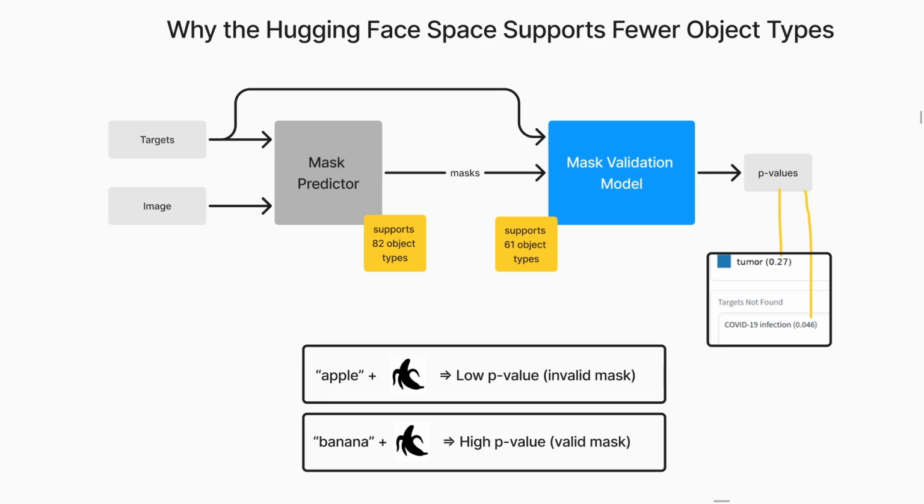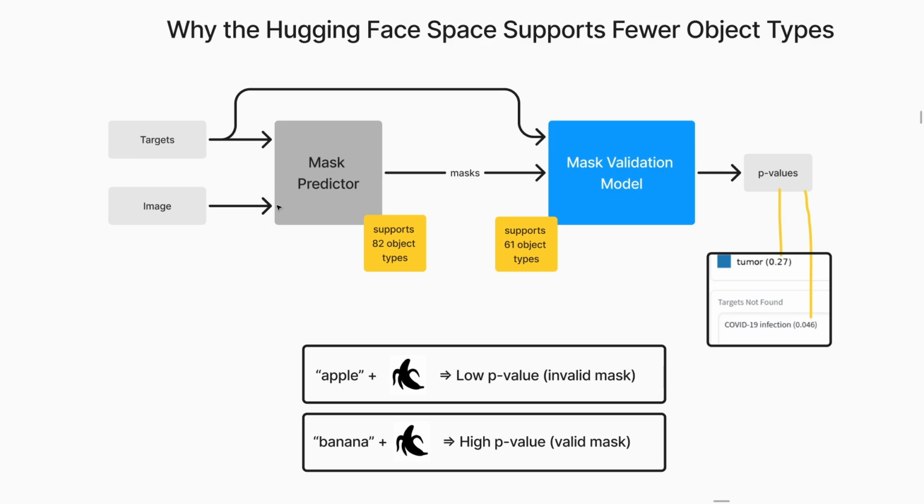P-values are the key to deciding whether a target was found. On the right-hand side you can see an example. Tumor has been found with a p-value of 0.027, whereas COVID-19 infection has not been found because the p-value is below the threshold of 0.05.